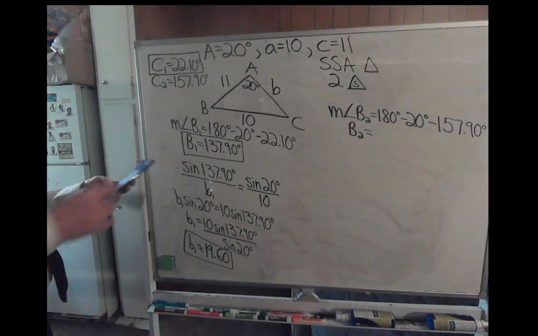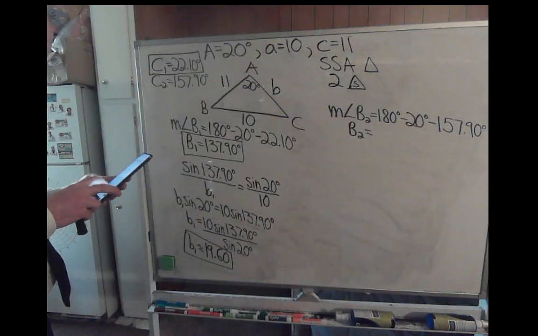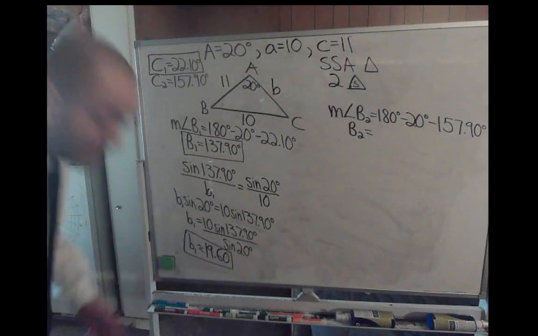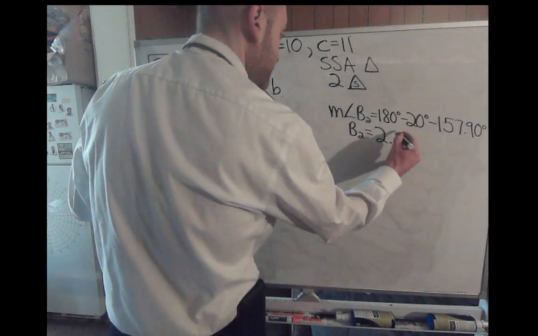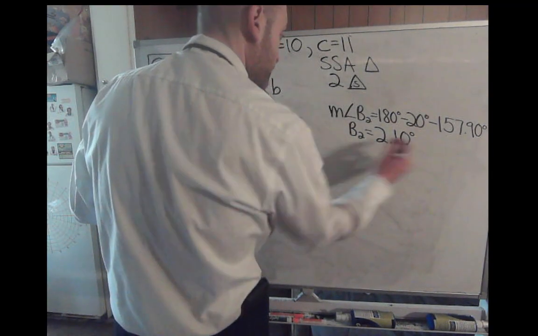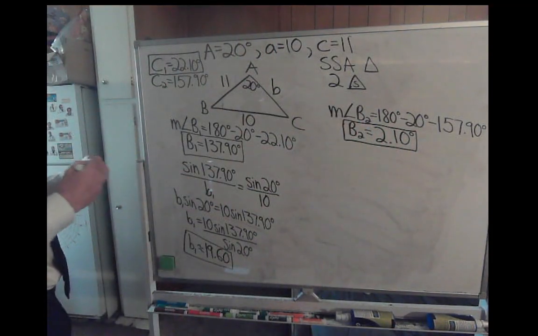I think it's going to be 2.1, literally? Yeah, so for the other triangle, angle B would be 2.10 degrees. A very, very small angle, 2.10 degrees.